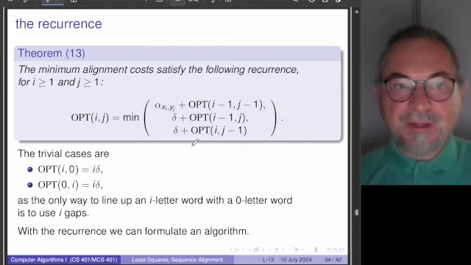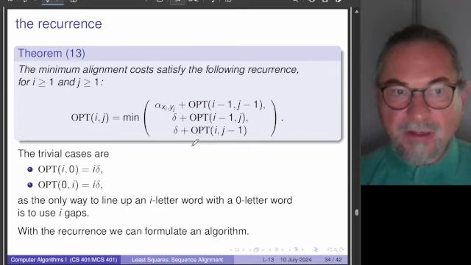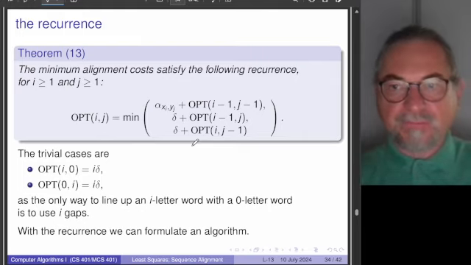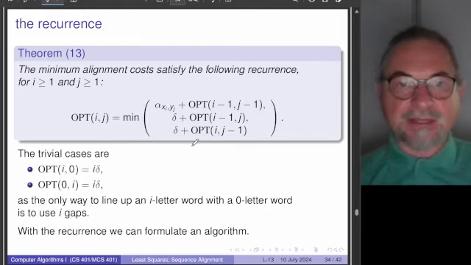So here it's now formulated with I and j. We have these three cases to consider. When we include the I-j pair, the ith character of the first word and the jth character of the second word, we have to consider the mismatch cost between these two characters, and then the optimum cost of omitting the ith character from the first word and the jth character of the second word.